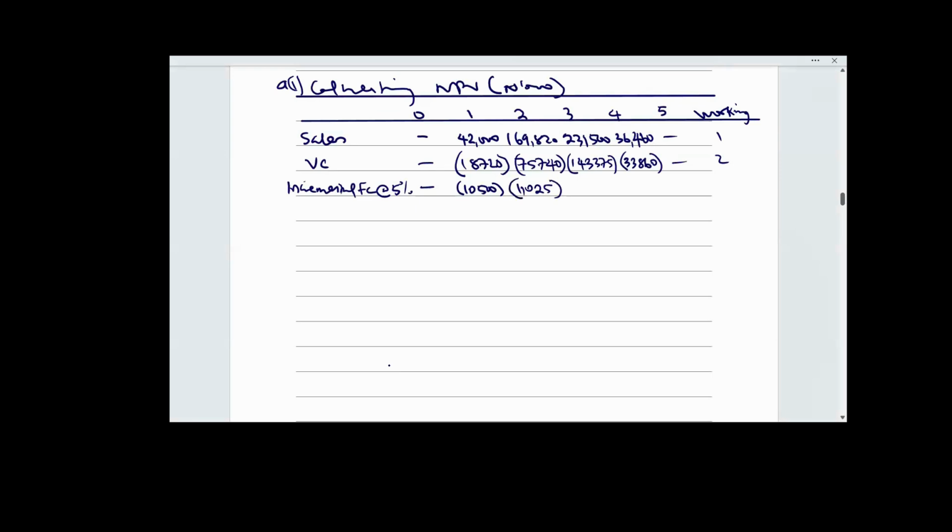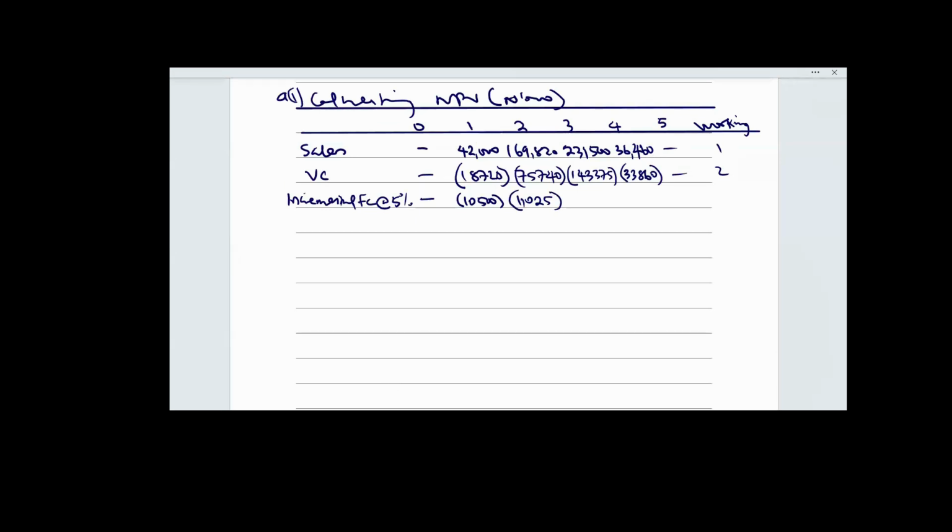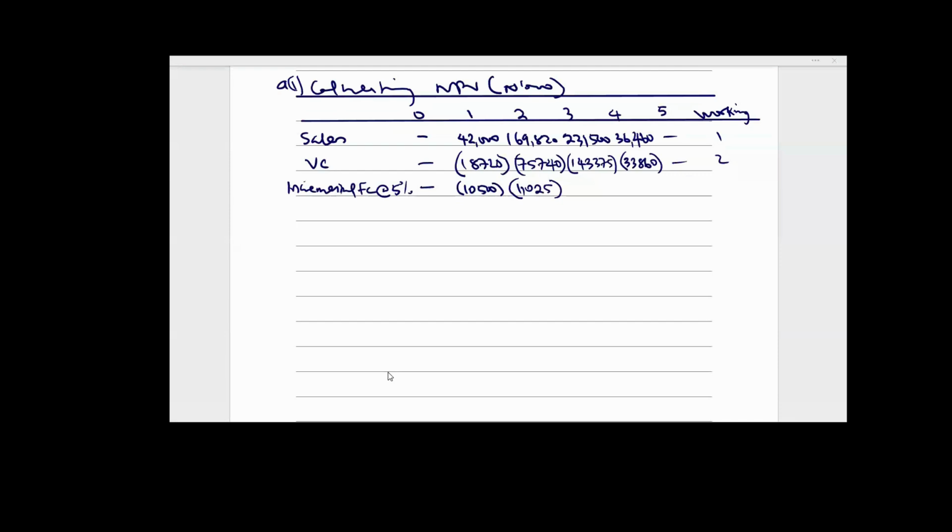What you have in your calculator multiplied by 1.05 equals 11,576. Again multiplied by 1.05 equals 12,155. That's it. I'm done with incremental fixed cost.